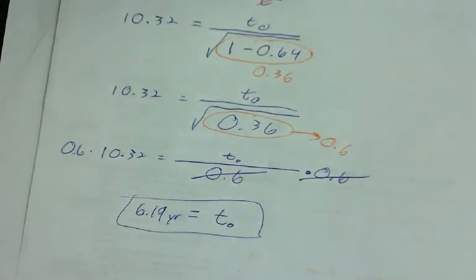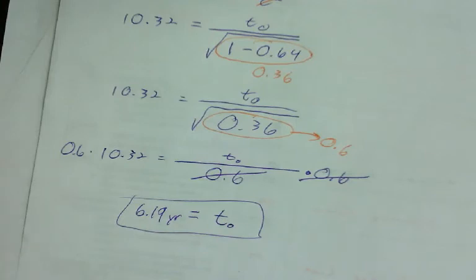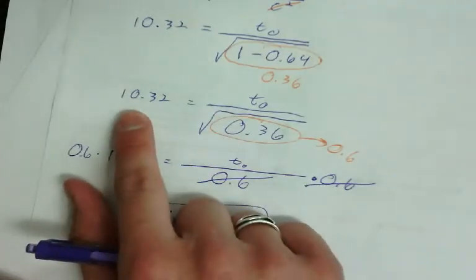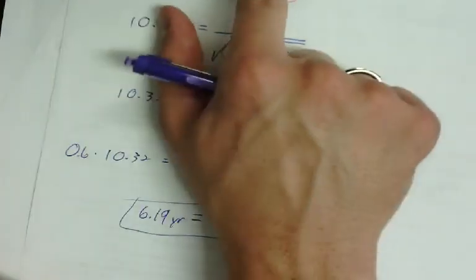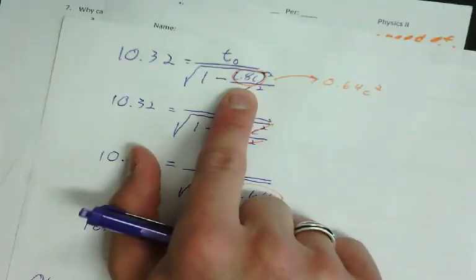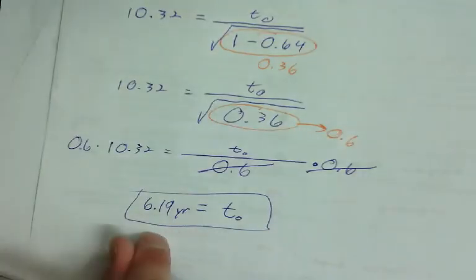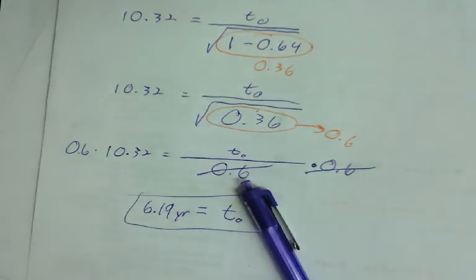So here's what this answer means. If someone on Earth measures that it takes me 10.32 years to get there, and I'm traveling at 0.8c, that means I actually measure it to only take 6.19 years. So how long did it take?